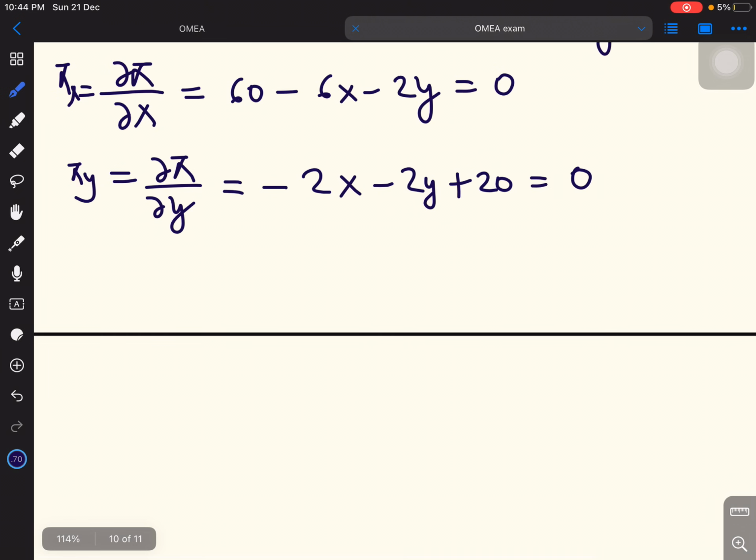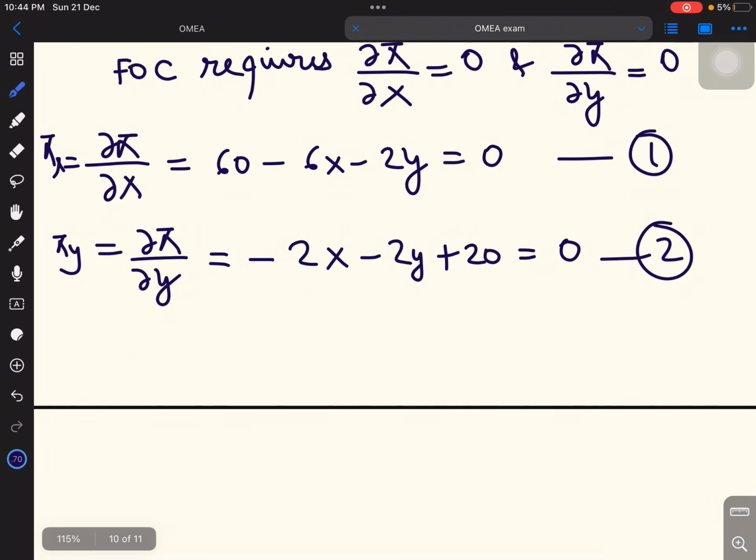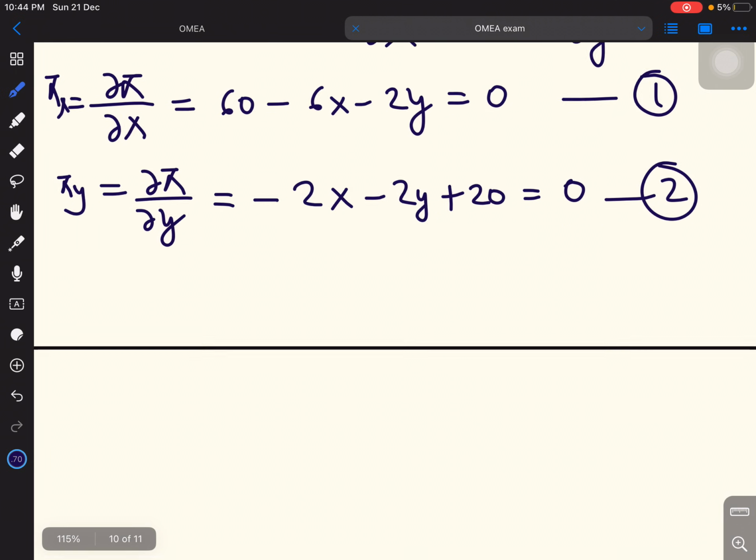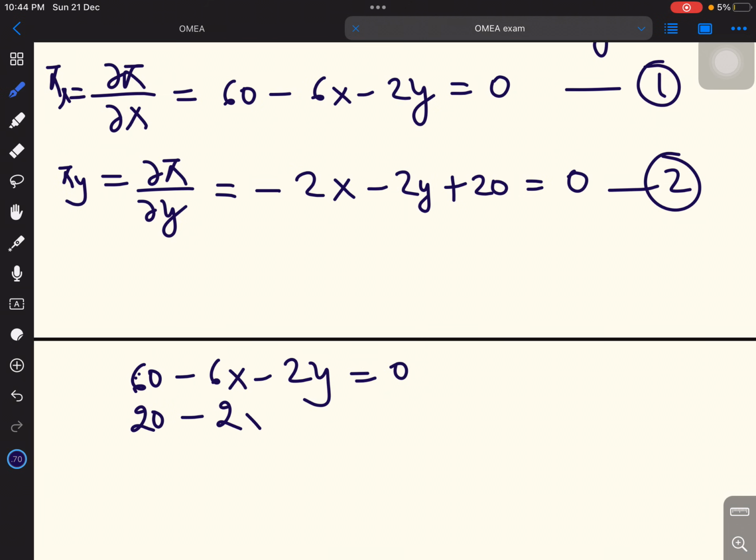Now solving both these equations, solving equation 1 and 2 simultaneously, we get 60 minus 6x minus 2y equal to 0 and 20 minus 2x minus 2y equal to 0.